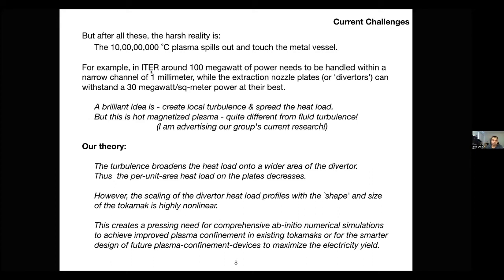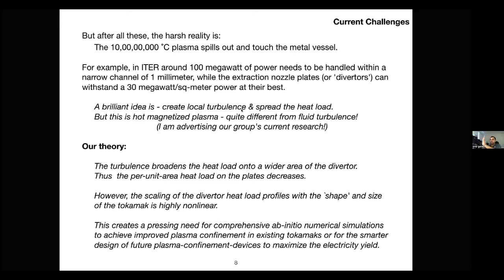It's a big number. So we cannot just let the diverters burn away. We cannot just try and fail and then put in another diverter, another trial. We cannot let that happen. So we need to be pretty confident about what we are doing. One brilliant idea is to create local turbulence.